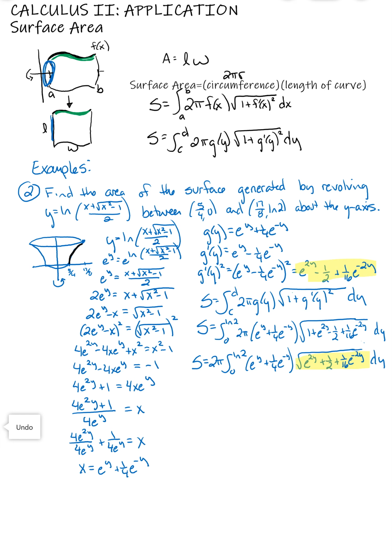I also see where that one came from. It came from this. So that means we can write this here inside the radical as e to the y plus 1/4 e to the negative y, parentheses squared.